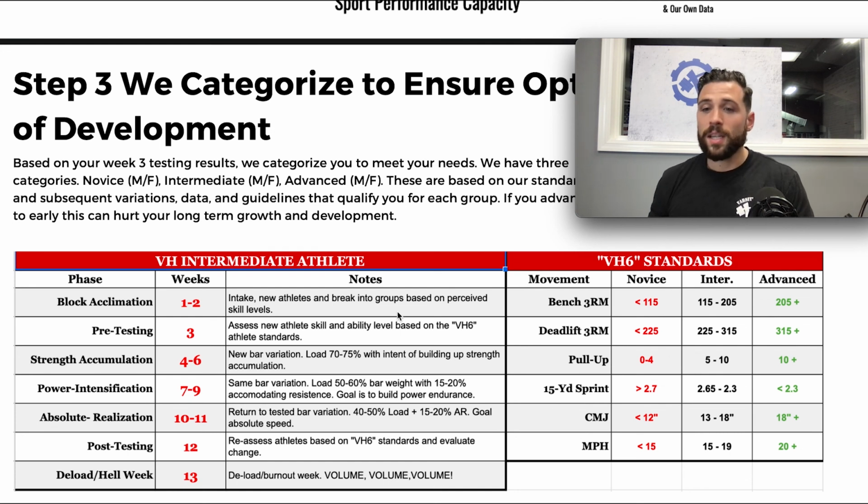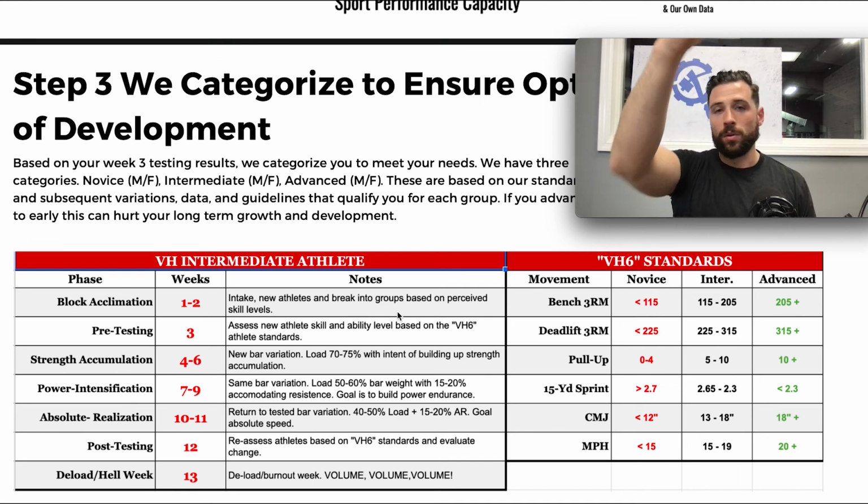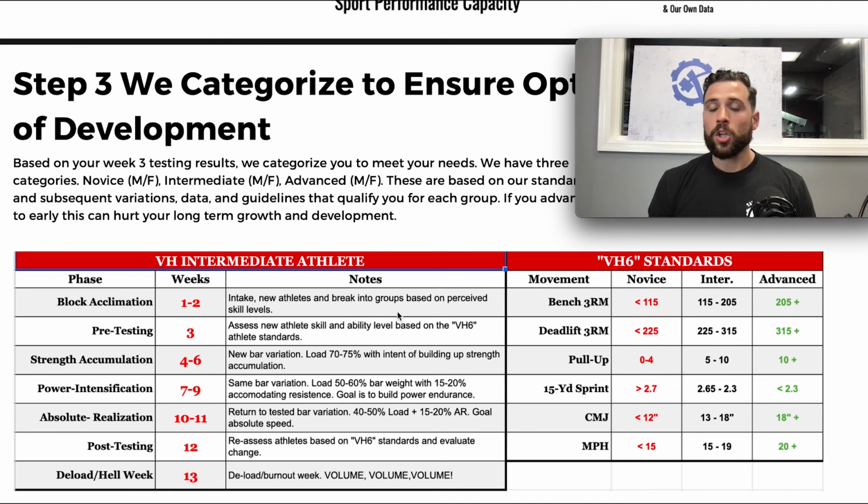In advanced is a 20 plus mile per hour. You're probably sprinting less than 2.3 in terms of seconds through that 15 yards. Counter movement jump, we're looking at 12 inches, 13 to 18, 18 plus. Again, this coincides with our reactive strength index. So this is our categorization of novice, intermediate, advanced, and this is why we utilize it.